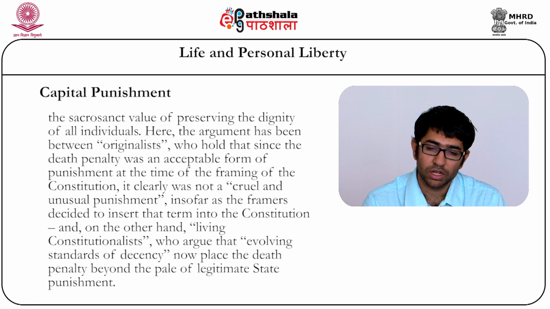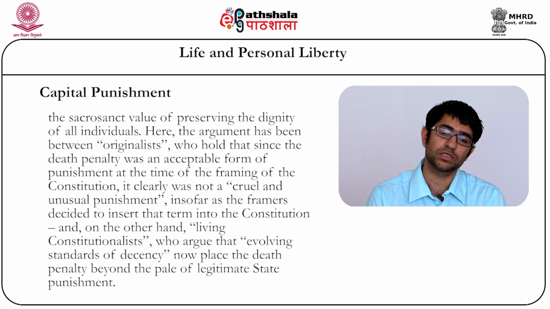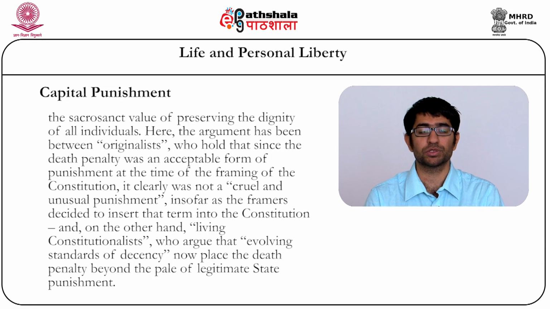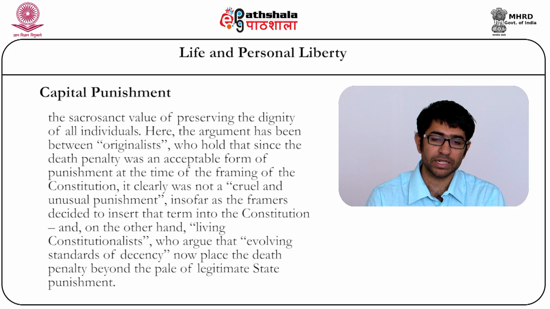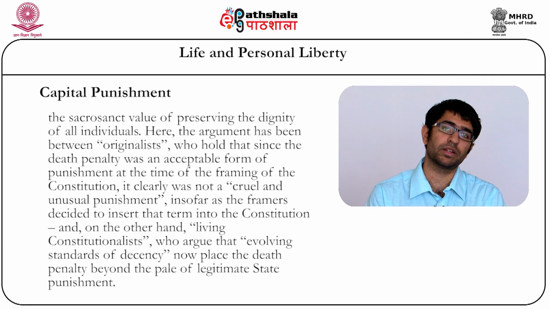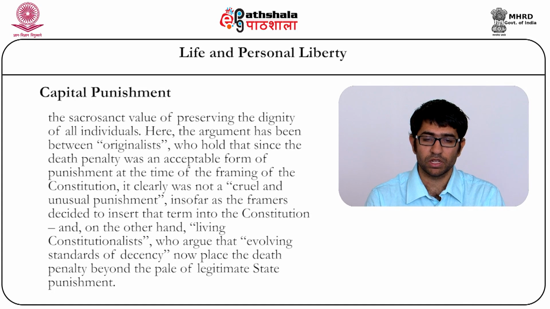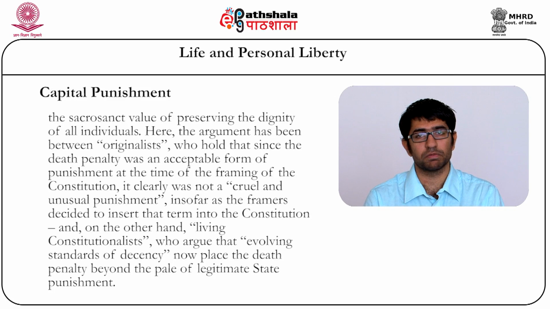world. So in the US, the argument has been between originalists, who hold that at the time of the framing of the American Constitution, the death penalty was clearly not a cruel and unusual punishment insofar as the framers inserted that term into the Constitution. It was being practiced by governments across the board.